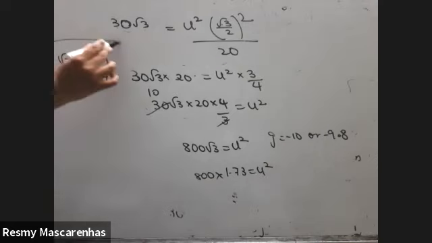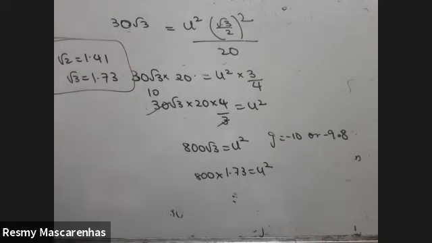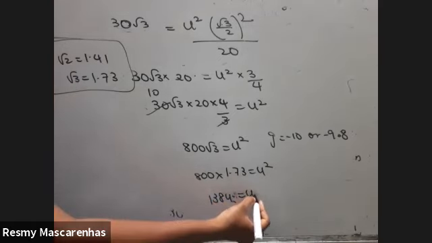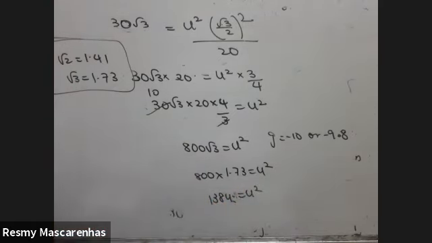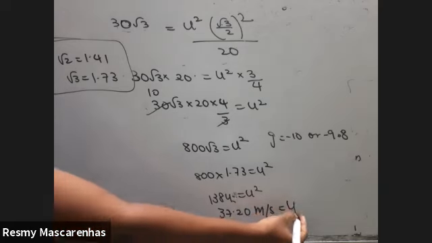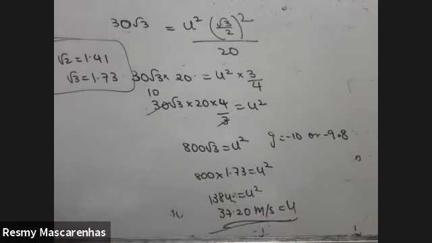At least these basic two roots you should always know. 800 into 1.7 is 1384. Around 37.20 meter per second. So this is the initial velocity.